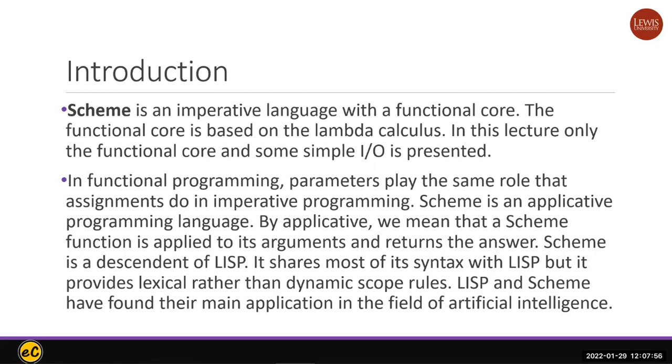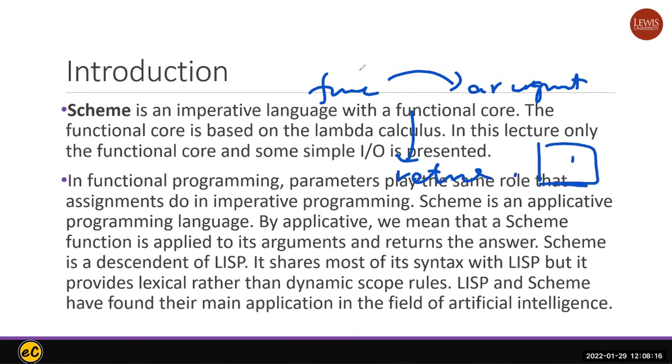By applicative, we mean that a Scheme function is applied to its arguments. So basically, you have a function, you apply it to arguments, and it produces the return value. It is a black box operation.